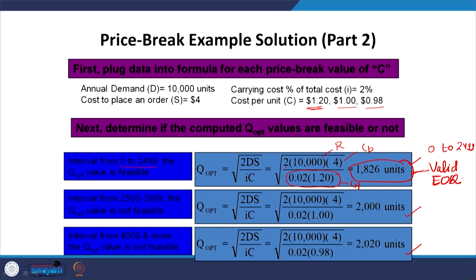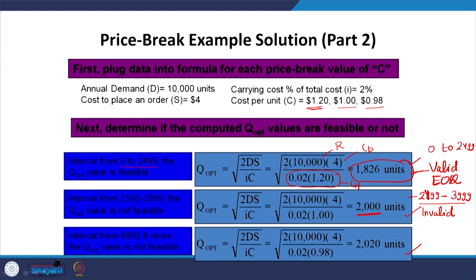Now, the second order quantity is 2000 units. This price of $1 is applicable when your order quantity is between 2500 and 3999. Now, 2000 is outside of this limit. So, this becomes invalid.